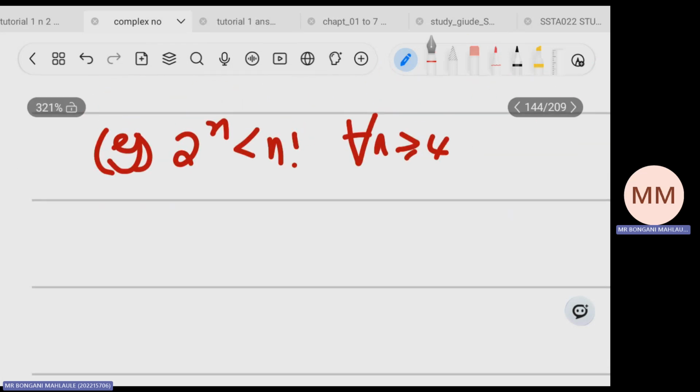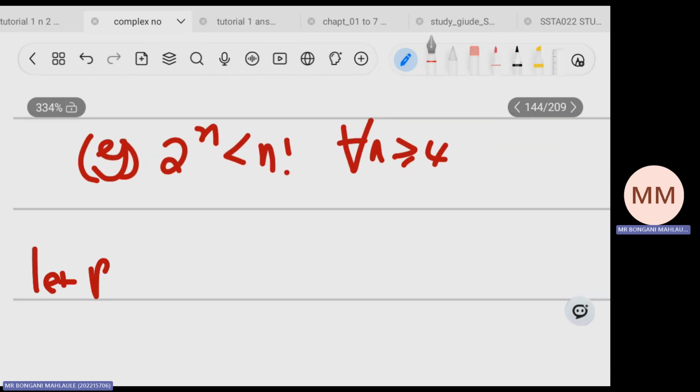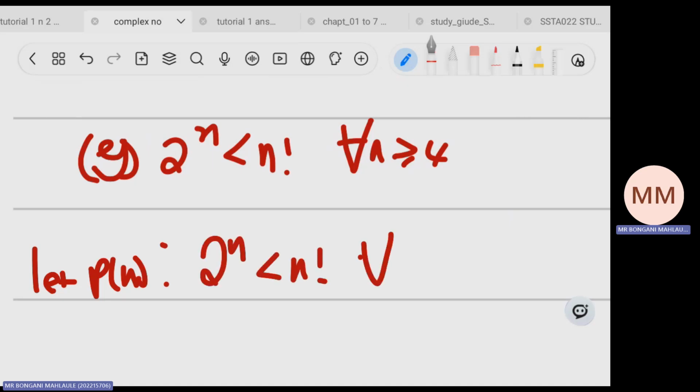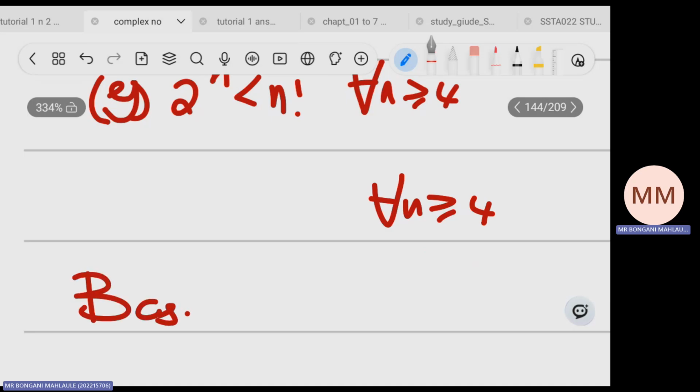So we're going to say base case. We can start by saying let P of n be the statement. Then we can now have the base case.